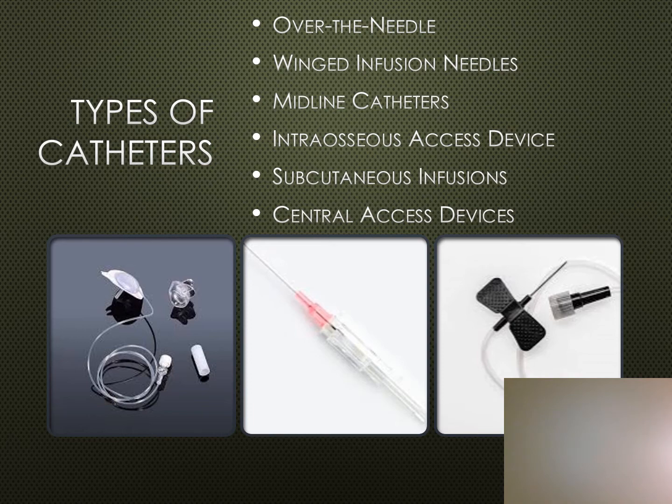That port is implanted in subcutaneous tissue under the clavicle, and then it's advanced to the superior vena cava. It has to be accessed with a special non-coring needle called a Huber needle, and that's Huber.